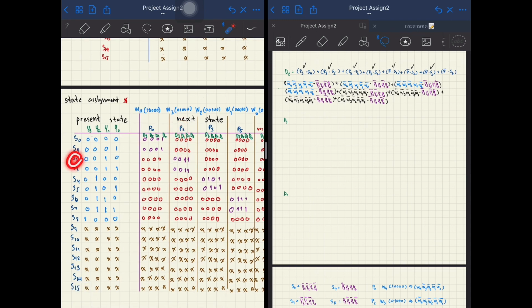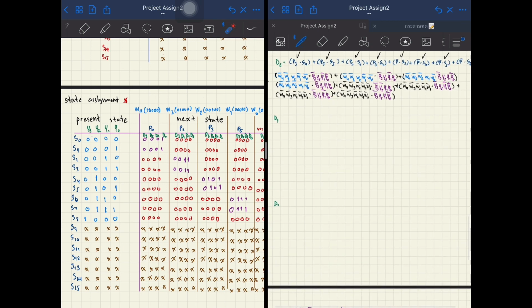P2 and with state 2. So we can write P2 and with state 2, or with P2 same, right? But and with state 3. Okay, and with state 3.